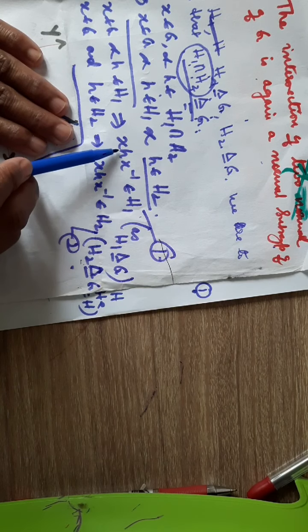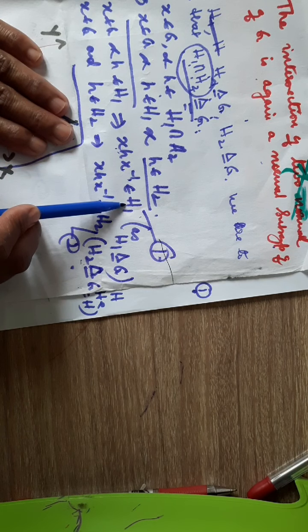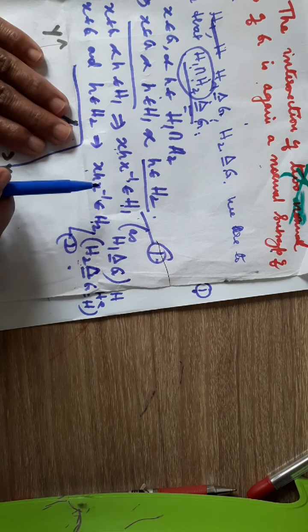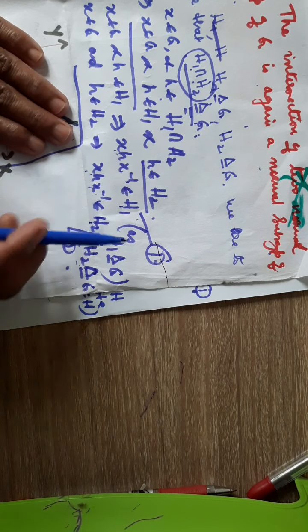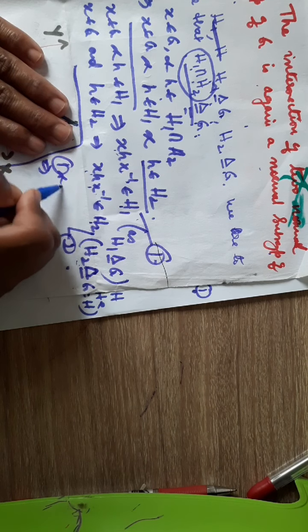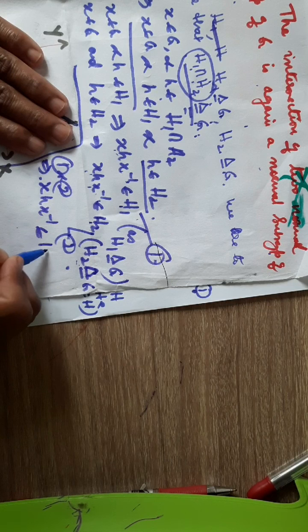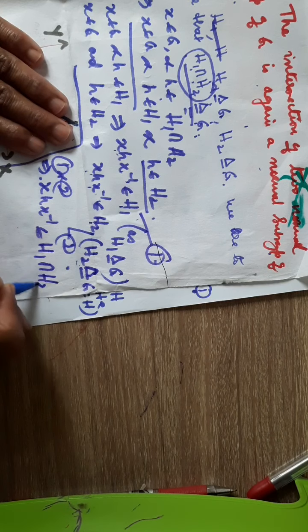From equation 1, x h x inverse belongs to H1, and from 2, x h x inverse belongs to H2. So from 1 and 2, it implies that x h x inverse belongs to H1 intersection H2.